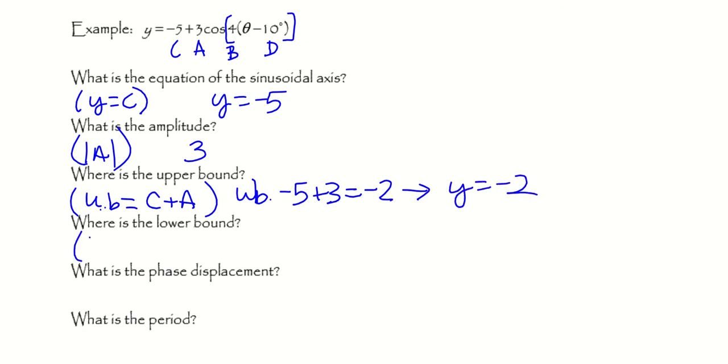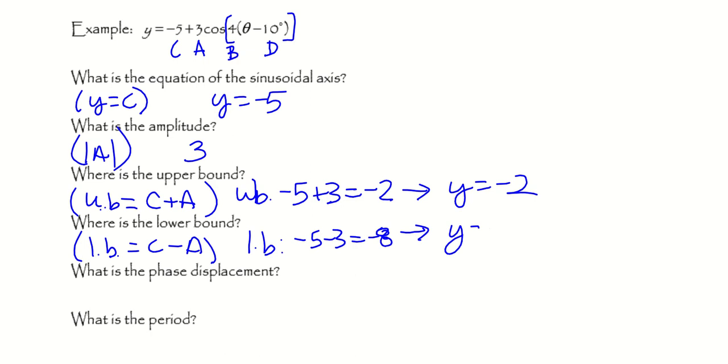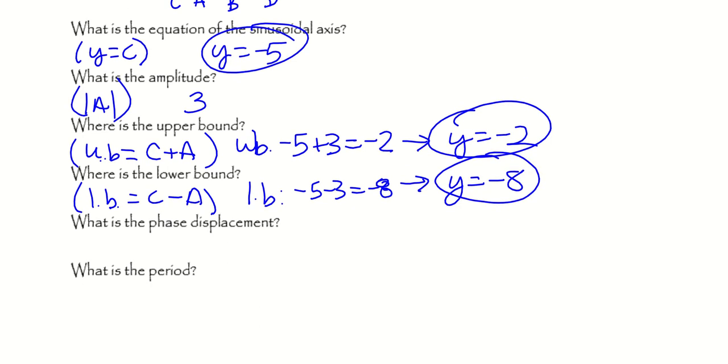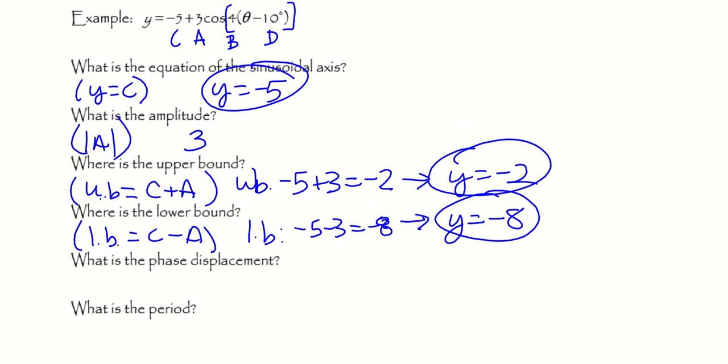Your lower bound is always C minus A. So for us, our lower bound is -5 minus 3, which is -8. That is the line y equals -8. So our sinusoidal axis, our upper bound, our lower bound, all horizontal lines, all with the equation y equals a constant.